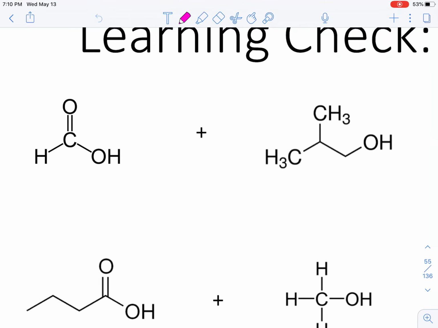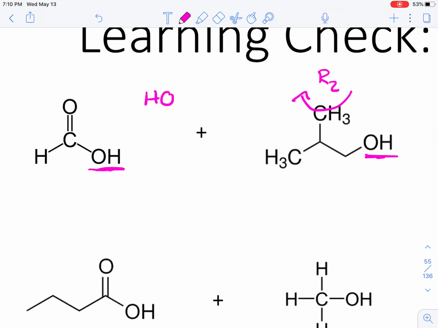And so what I want to do is I want to redraw reactant 2. And what I want to do is I want to flip it, or basically turn it 180 degrees around the vertical, so that the hydrogen and basically the hydroxyl group here faces the OH in the carboxylic acid.